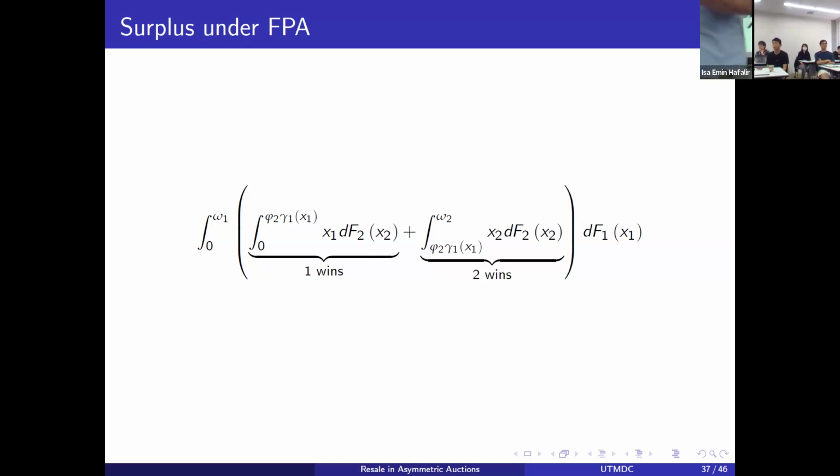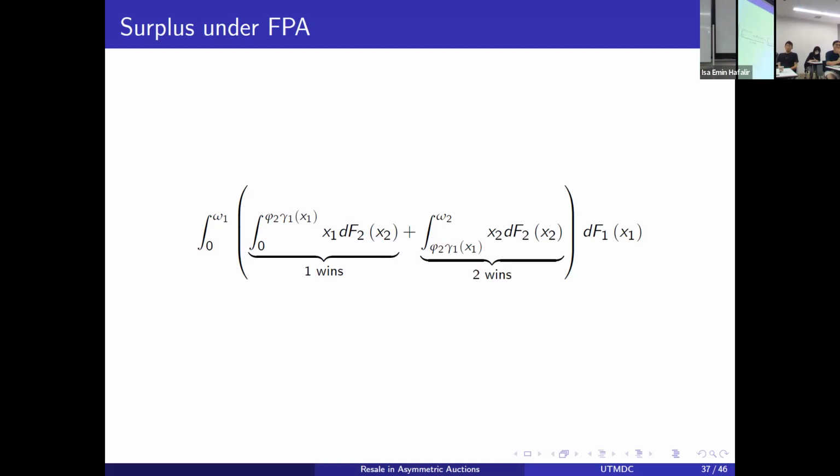If bidder 2's value is smaller than phi 2 of gamma 1 of x1, where gamma is the bid function and phi is the inverse bid function, so gamma 1 of x1 is the bid of bidder 1, and phi 2 of gamma 1 of x1 is the value of x2 who would bid the same in the auction, right? If bidder 2's value is smaller than that, 1 will win, and I'm going to write x1 here. Otherwise, 2 will win, and I'm going to write x2 here. So this is a simple social welfare calculation without resale.